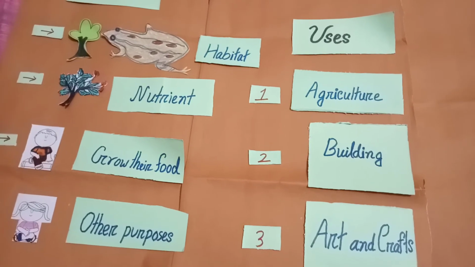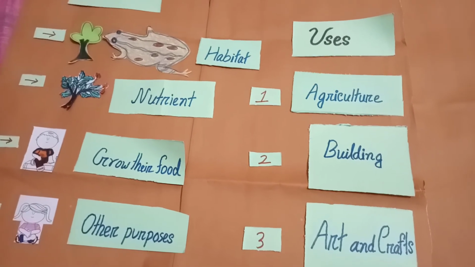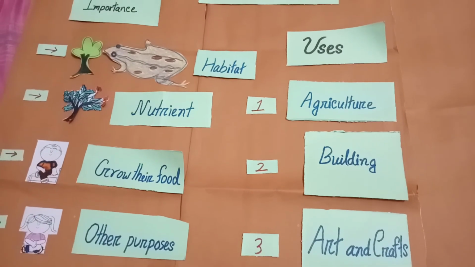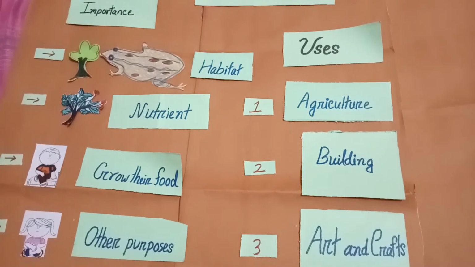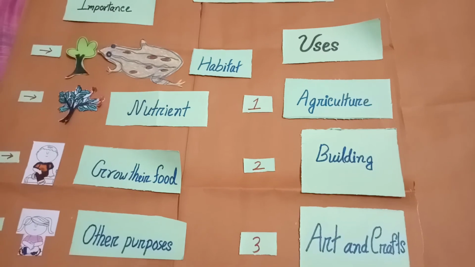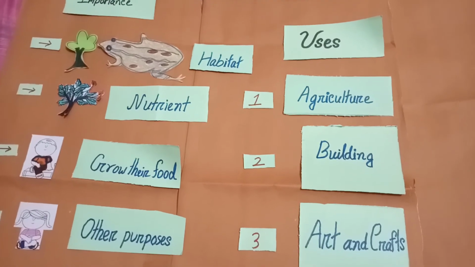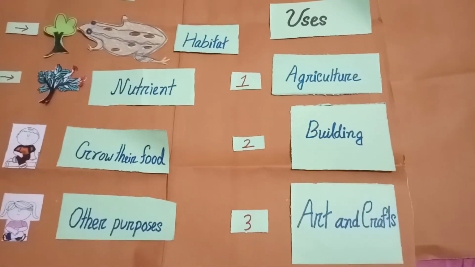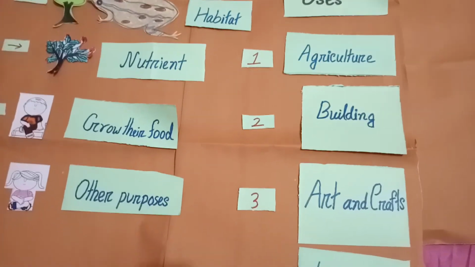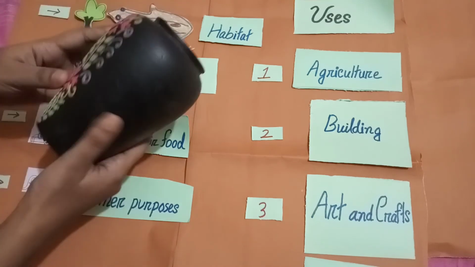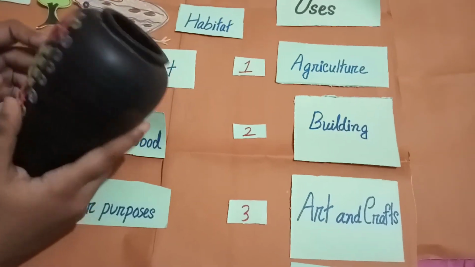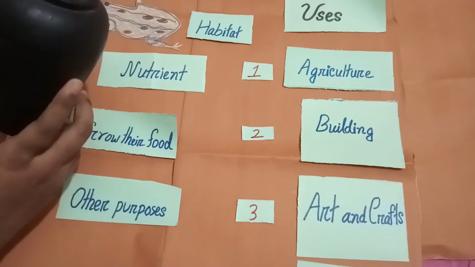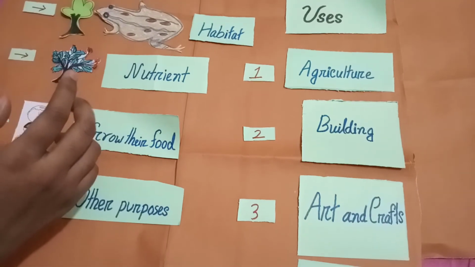People make houses and buildings on soil, and soil also can be used for making building materials such as bricks or concrete, etc. Number 3, art and craft. Like I showed you the vase, this is an example of a craft that we can make from soil.